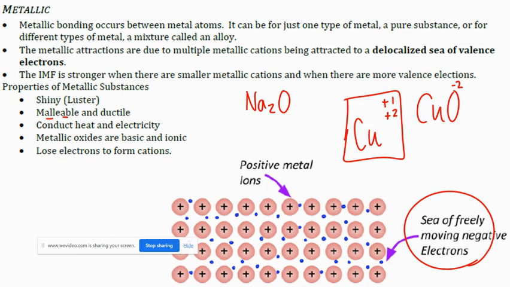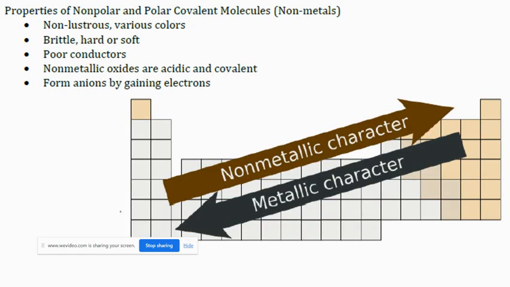But if this is in a 1-to-1 ratio and this is a -2, this has to be a +2. Okay? If I did this, though, now it's a +1, because I would need 2 of these for every one of those. Okay? And remember, cations are positively charged ions.